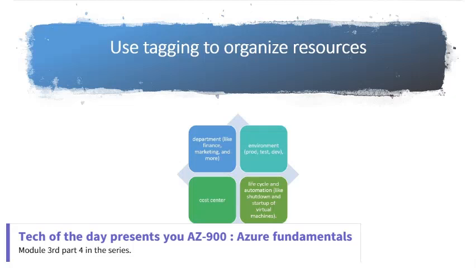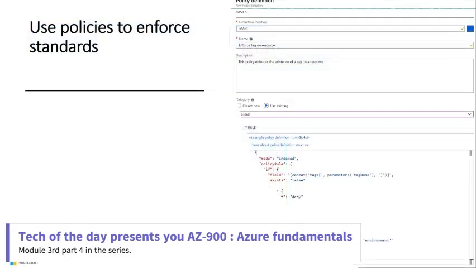You can simply use the command line interface for that, and get the resources with certain tags in your resource group, and you can filter to get the cost related to those tags.